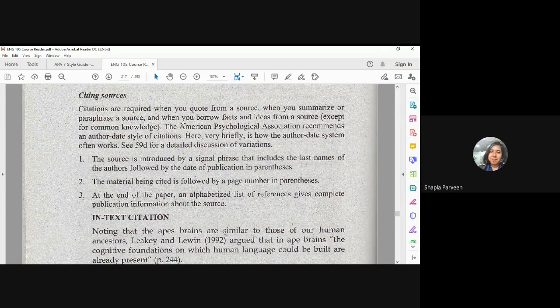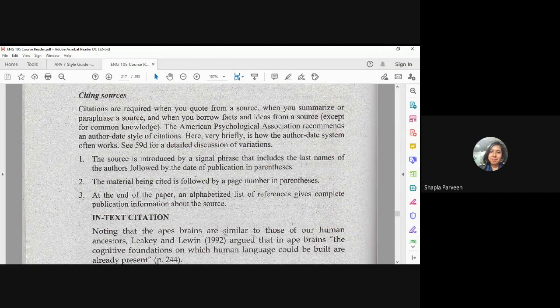But if it's something new, something less common that people in general don't know about, definitely you have to provide the source documentation. If it's factual information or something very common that everybody knows and is aware of, then you don't have to provide the source. But otherwise, if we borrow information which is not common, which some specific writer has written, we definitely have to provide the source.